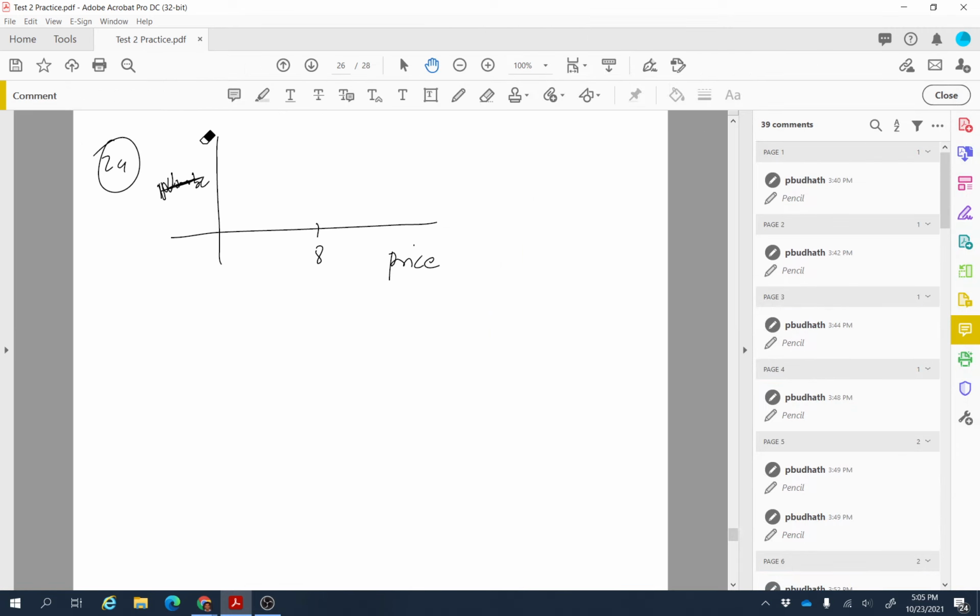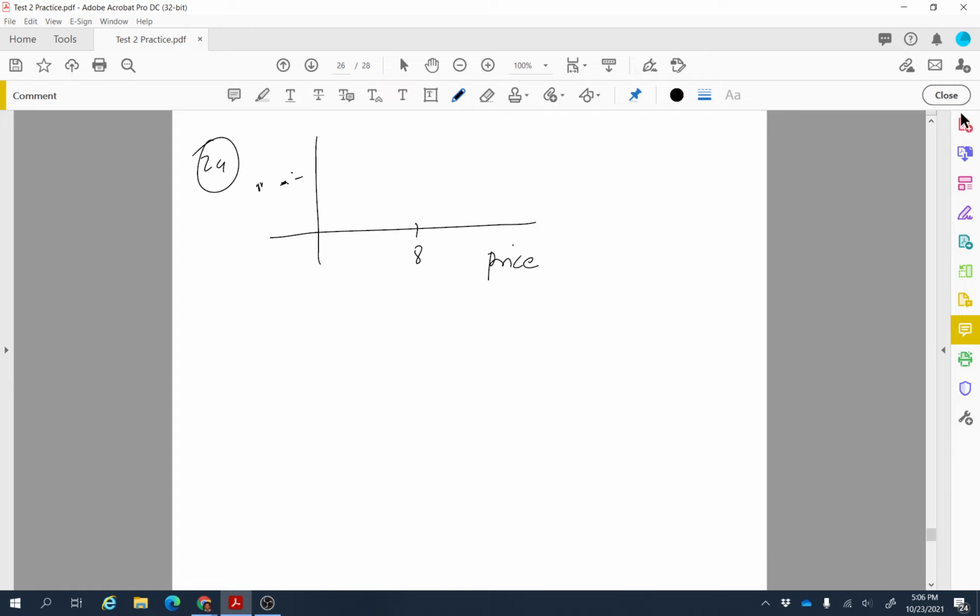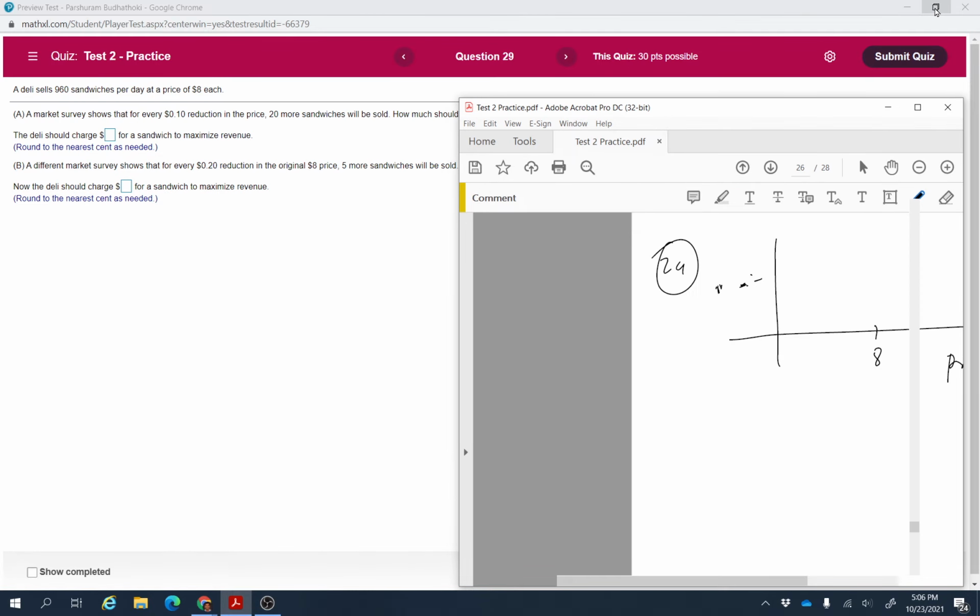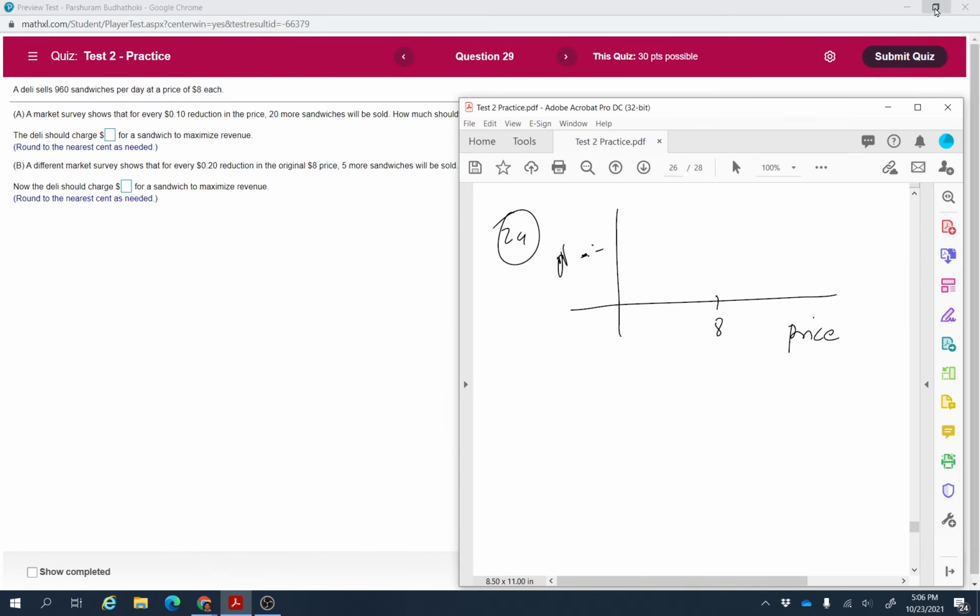We need to find the relation between the price of the deli item and the number sold. When the price is $8, the number sold is 960. So $8, 960.